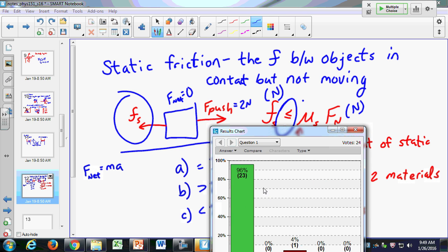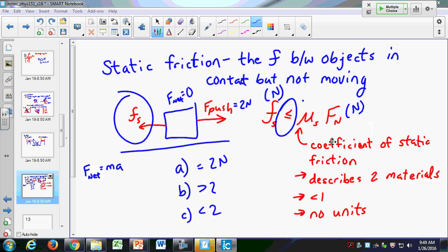He is right. Awesome. Okay, the net force is 0. I think that this is exactly the same as the table. Force pushing in this direction, static frictional force in that direction, net force is 0, so these two have to be the same. But a lot of you said that the static frictional force has to be less than 2 newtons, right?